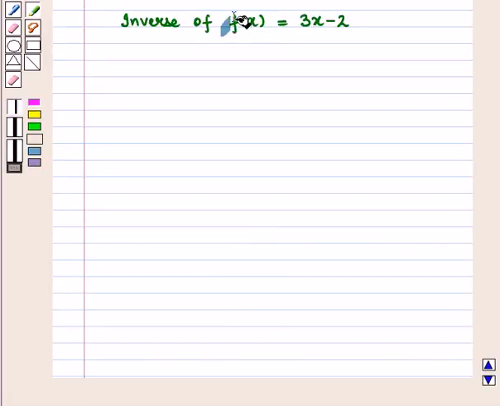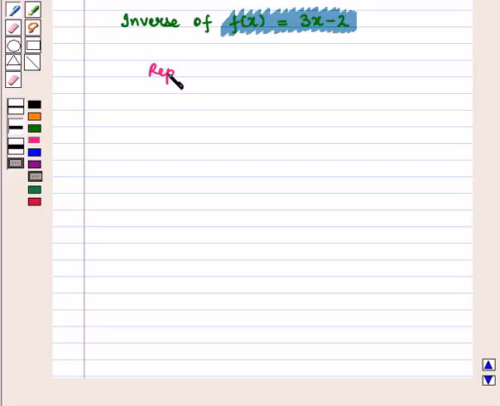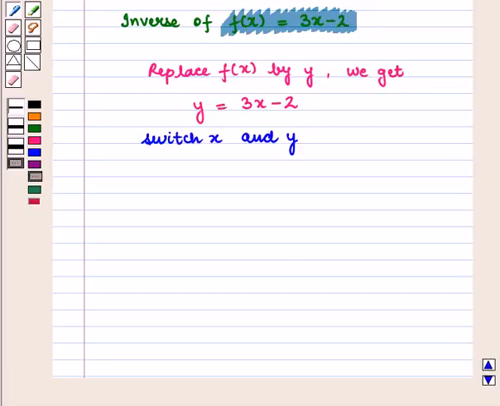Now we shall find the inverse of the function f of x is equal to 3x minus 2. Here, first of all, we replace f of x by y and we get y is equal to 3x minus 2. Now we switch x and y and we get x is equal to 3y minus 2.